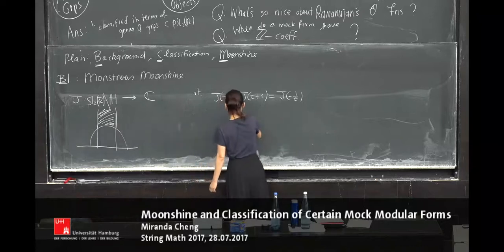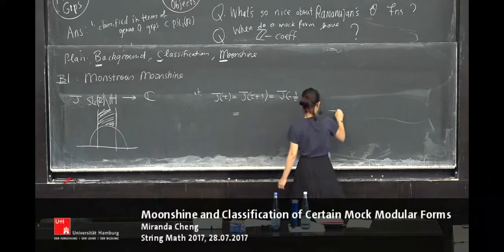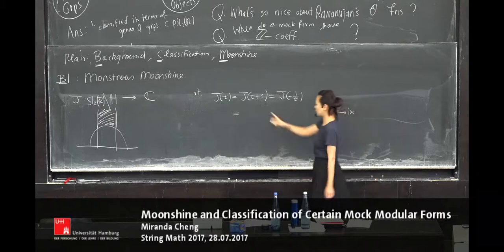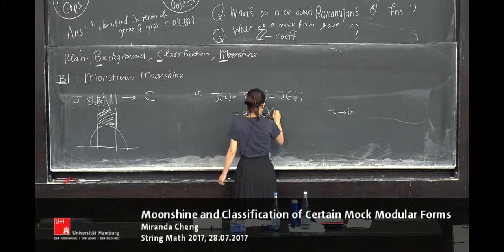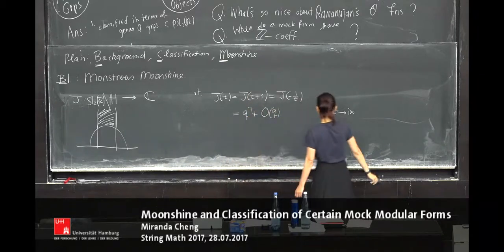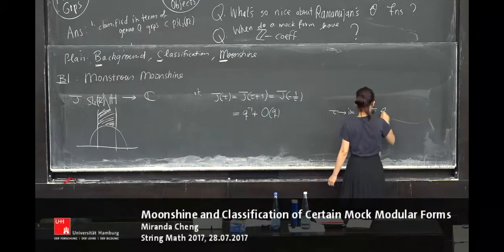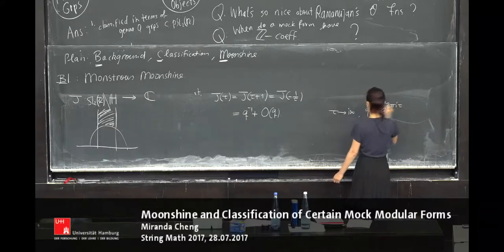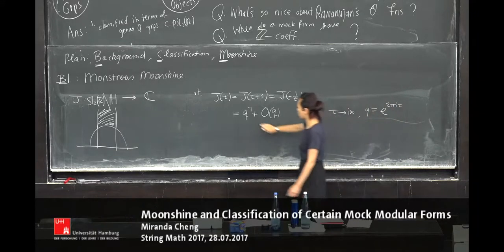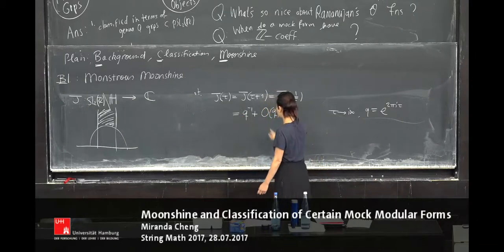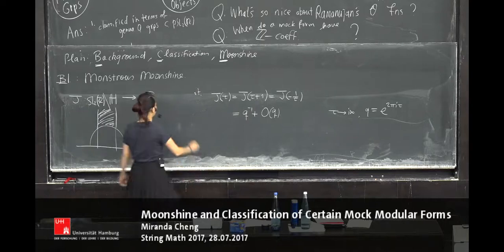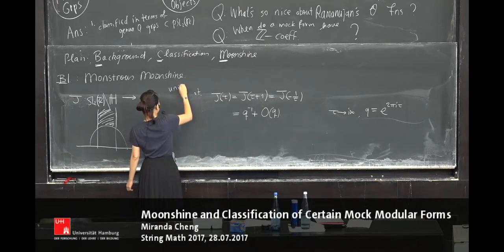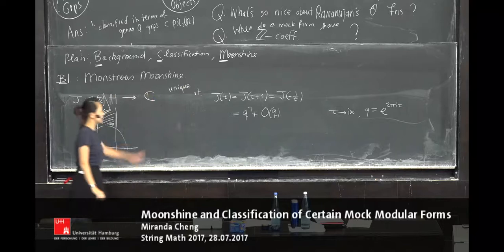It has another property, namely if we take tau to i infinity and we want to know how it behaves, it goes like this, where q equals e to the 2 pi i tau. So it has a pole at i infinity, followed by a 0 and higher order terms. And the nice thing is that it is actually the unique function such that this is satisfied.